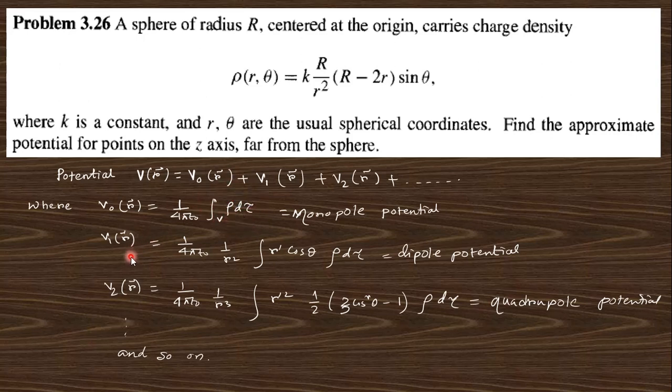The dipole potential is 1 by 4 pi epsilon naught, 1 by r square, integral of r prime cos theta rho d tau. We already discussed this expression in the previous lecture, in chapter 3 of the Basudev Ghosh problems. And this is the quadrupole potential term, and so on. So we need to find these integrals for this case.